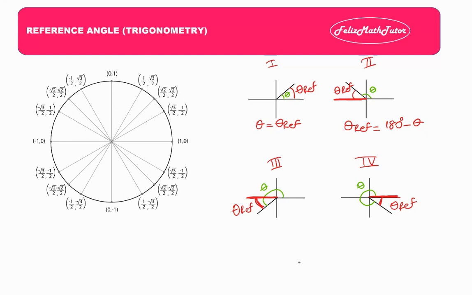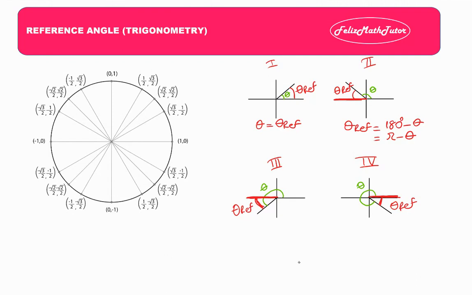Because the whole x-axis is 180 degrees. When you subtract theta, you will get the theta reference. Also, you can write pi minus theta if you want to use radians.